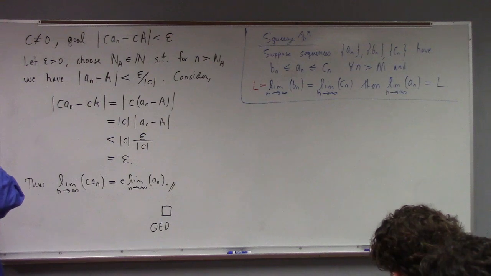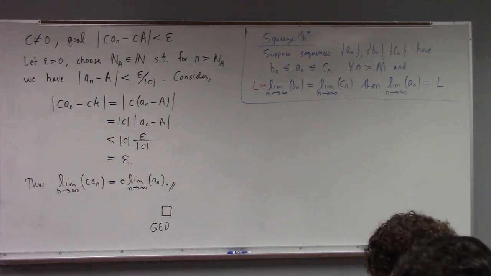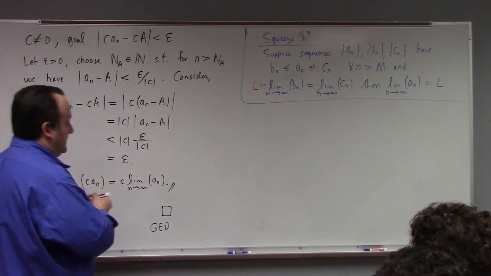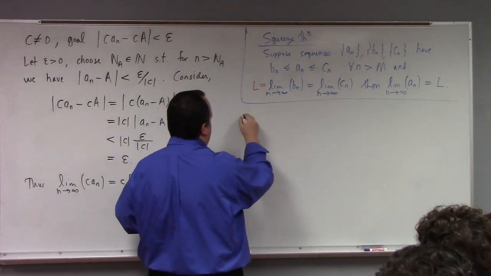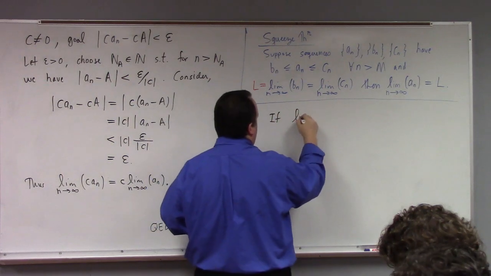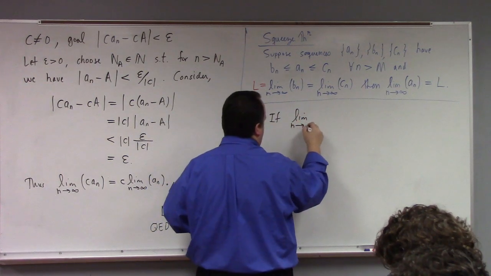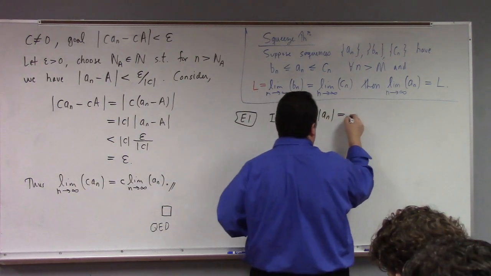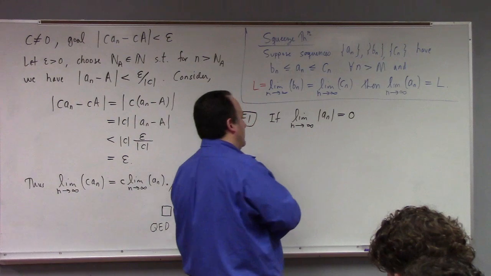All right. So here's one. First example. Check this out. If the limit as n goes to infinity of the absolute value of a sub n is equal to 0, then what can we say?